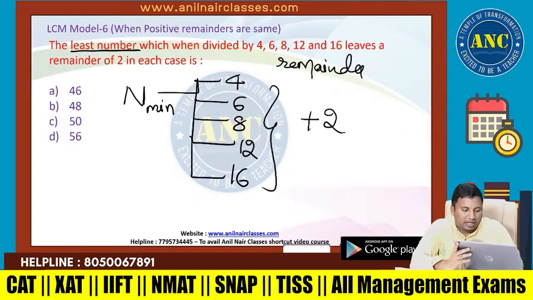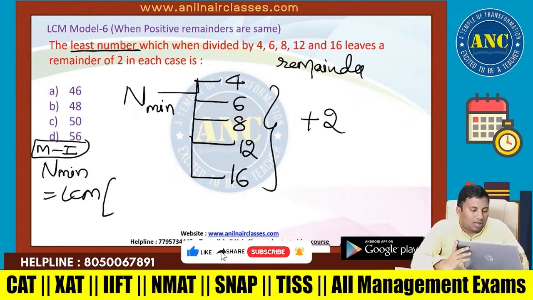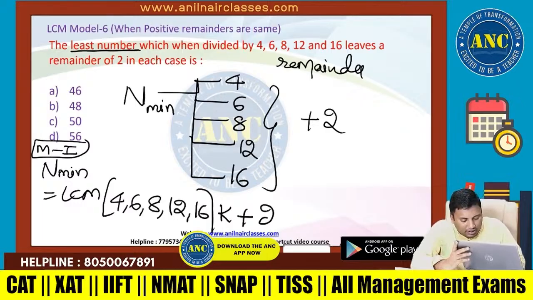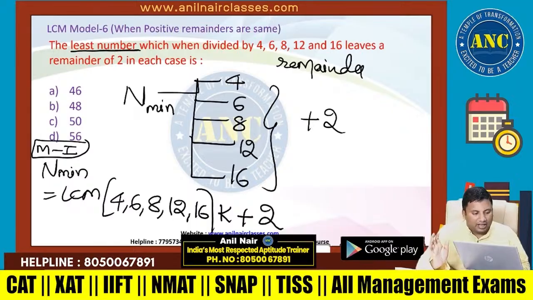What is the number? That is method 1. The number that is divisible by all the numbers is the LCM of the given numbers, into quotient, plus a remainder. Am I right? So you will find that value.